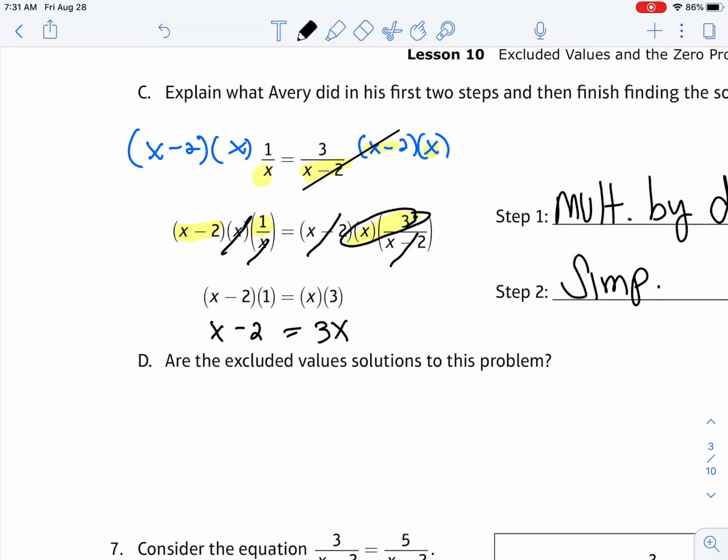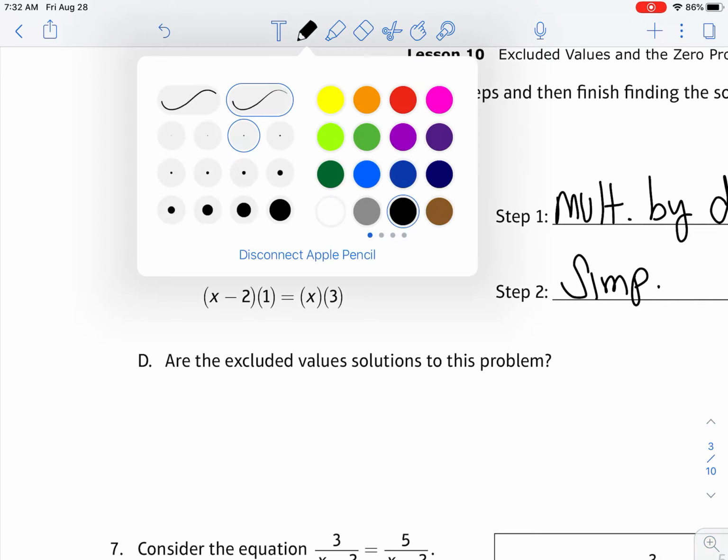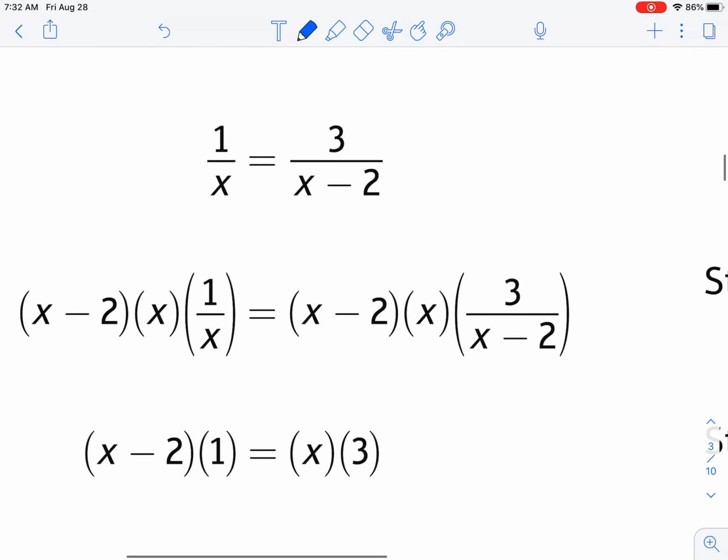Okay, so I know that's kind of confusing, and that's kind of why I recommend us using the cross product on these ones. But again, when you have different denominators, and you're trying to eliminate and clear fractions, just multiply by the two denominators on both sides.